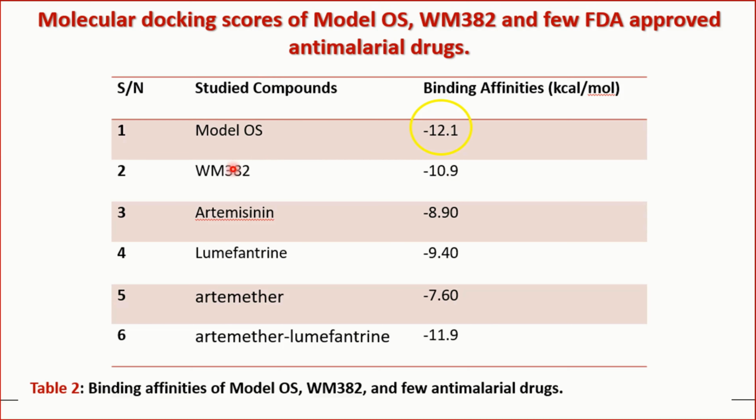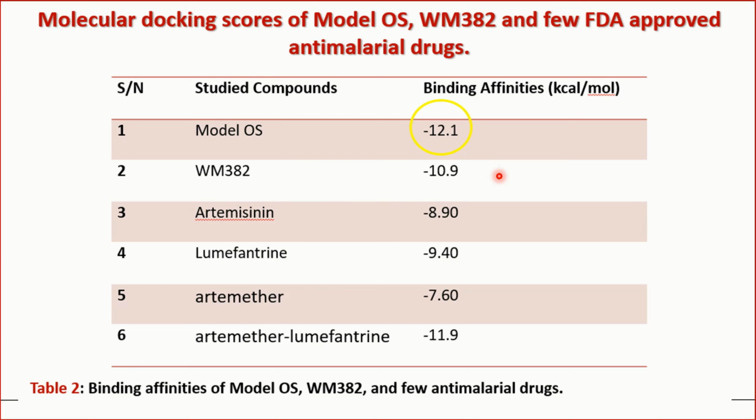However, when you compare this to existing anti-malaria drugs such as artemisinin, which has 8.9, lumefantrine, which has -9.4, and artemether, even when a combinatorial therapy was performed, where I combined artemether and lumefantrine, we still find it has about 11.9, which is still lesser than the optimized product. So this is what compound optimization or molecular modeling could result to.